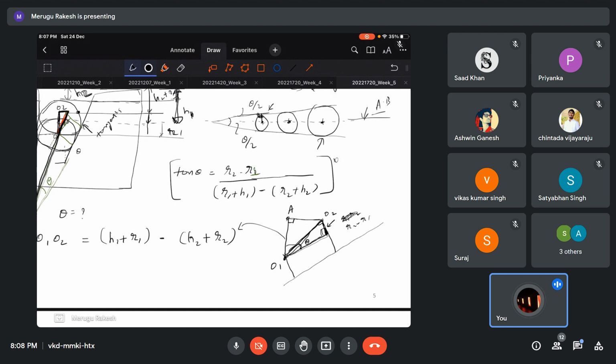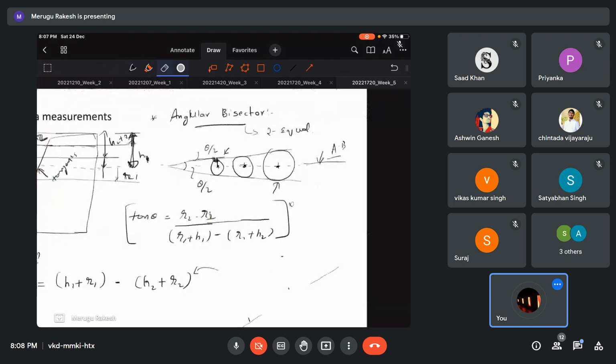So what would be this angle? Can anyone tell me? I don't need this data at all, I think.